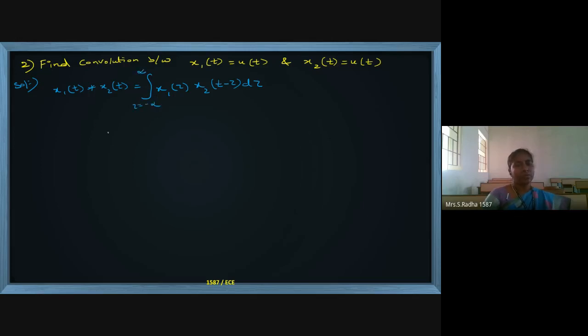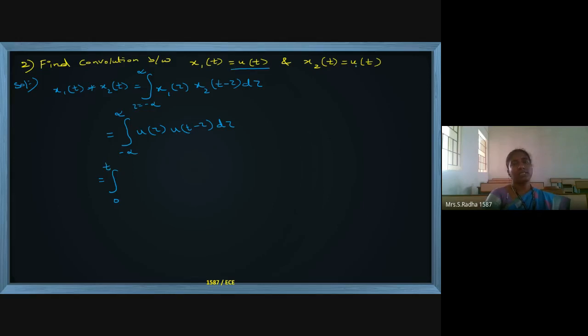First signal we have to put in terms of tau, so u of t becomes u of tau. In the second signal, wherever t is there, we put t minus tau, so u of t minus tau, d tau. I will change the limits to 0 to t because both are causal signals.